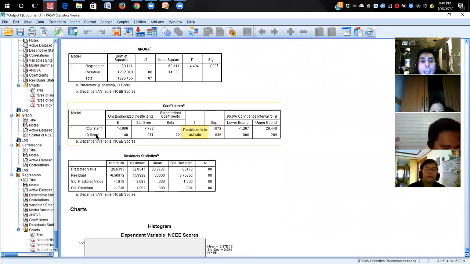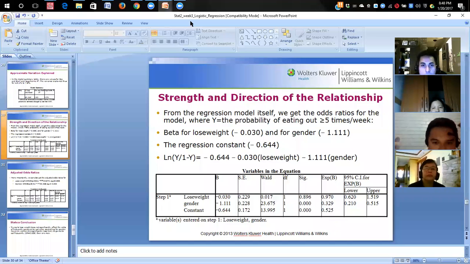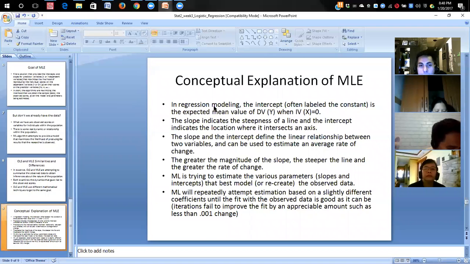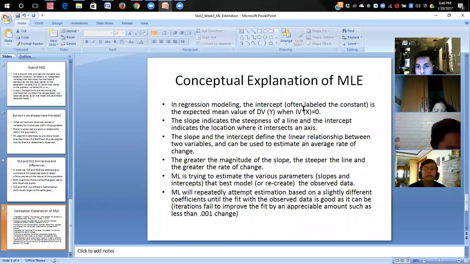Right here in our model, the constant is 14. And what did I say about the constant in maximum likelihood estimation? The constant is the intercept, okay?